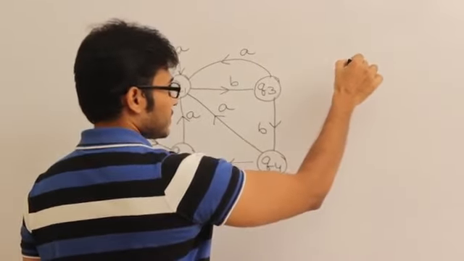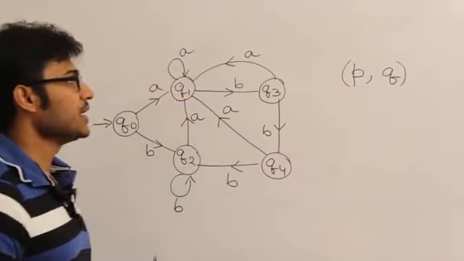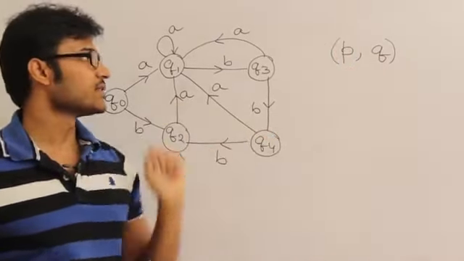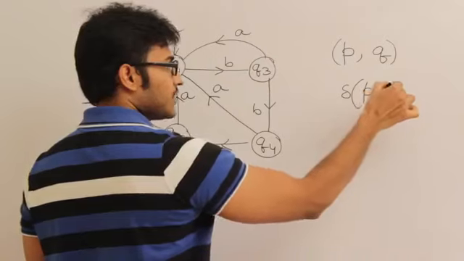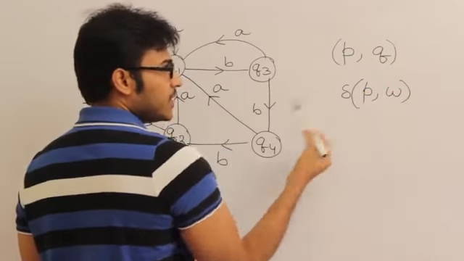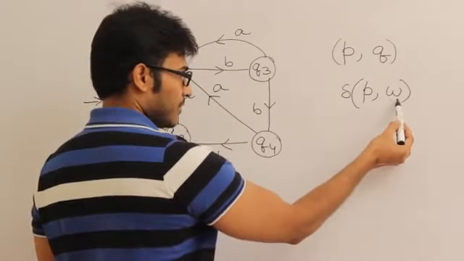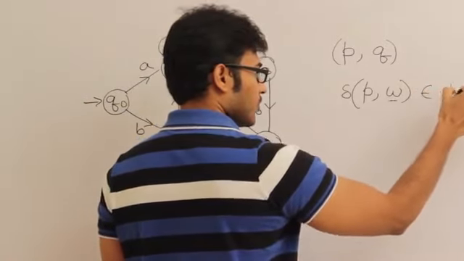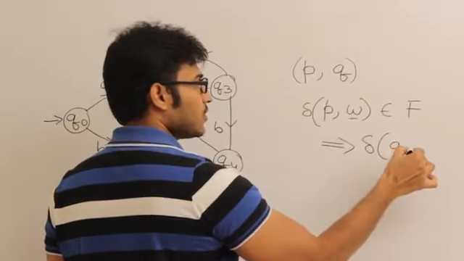Let us say there are two states, P and Q. We say that these two states are equivalent, and can be replaced by a single state, if P on seeing W, which means on seeing any input string, W can be any input string, if this one goes to a final state, it implies that Q also goes to one of the final states.